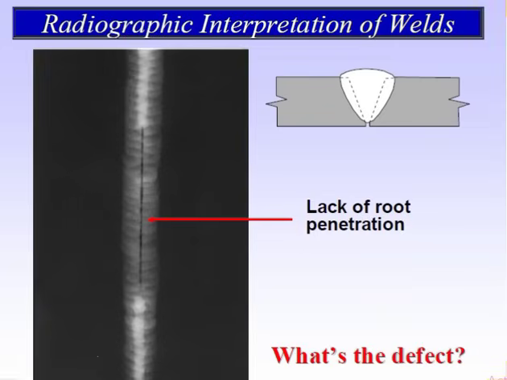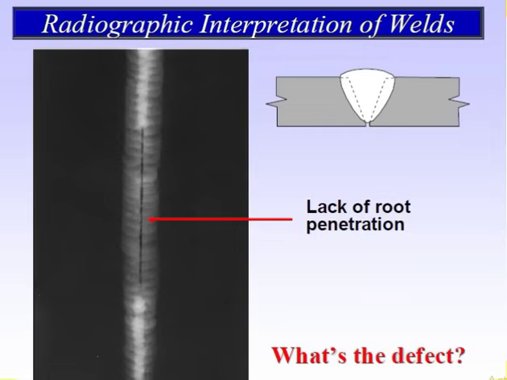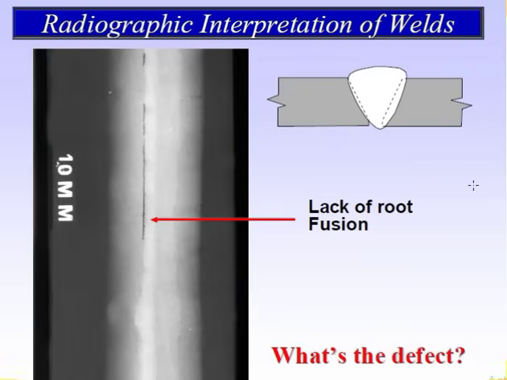In the first image, it is likely a thick black line, and you can see the lack of root fusion. You can see here one line on one side. This, in the middle of the weld, is lack of root penetration. And the lack of root fusion is at the side.